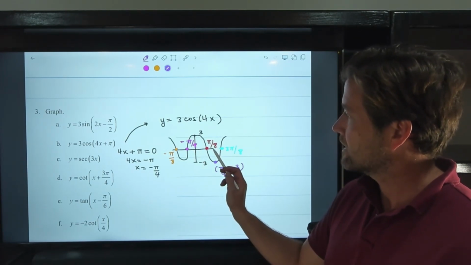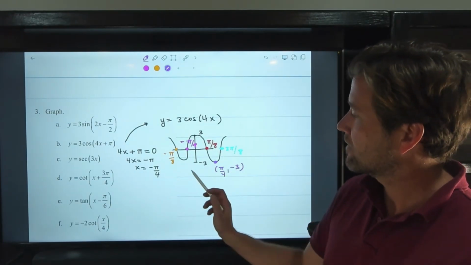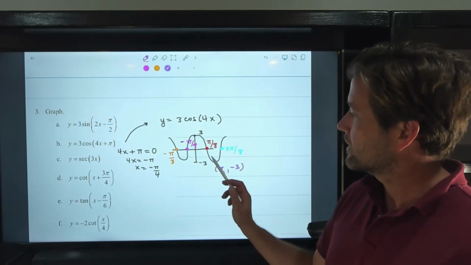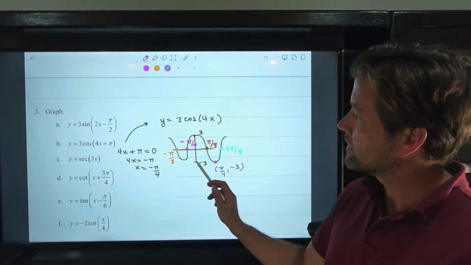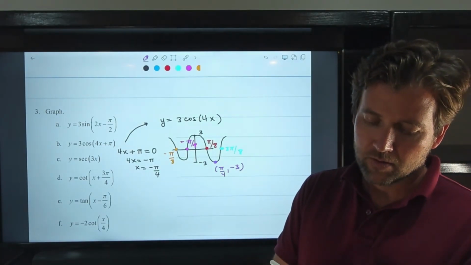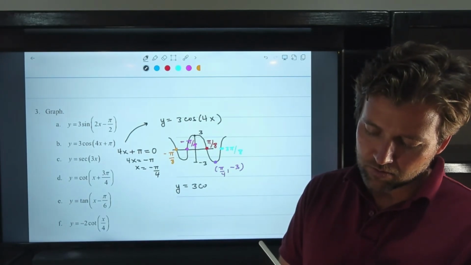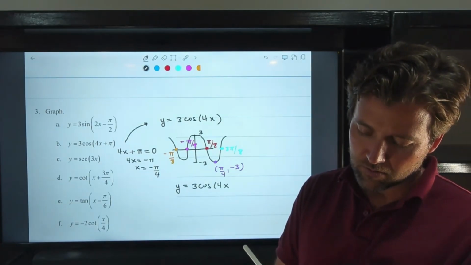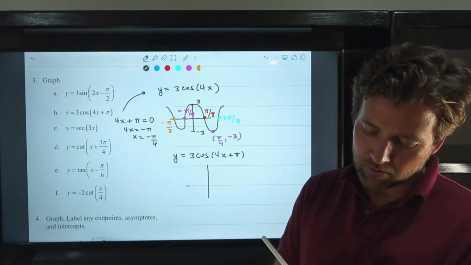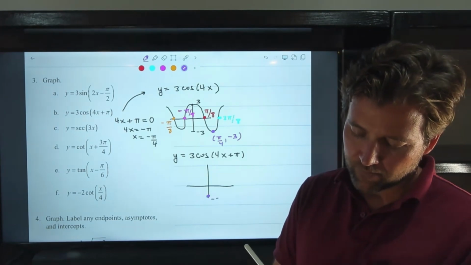Add pi over 8 again, that's 3 pi over 8. It's all checking out. So if I'm shifting this graph left pi over 4, this point in purple, I hope it's purple for you guys, when I shift it left pi over 4, it's going to be right there. So that point in purple is right there.